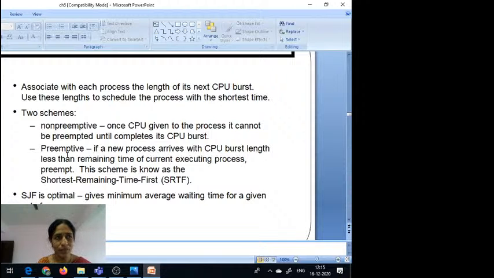Suppose, for example, the process requires a 10 millisecond burst time.